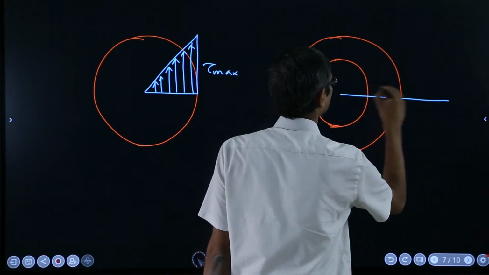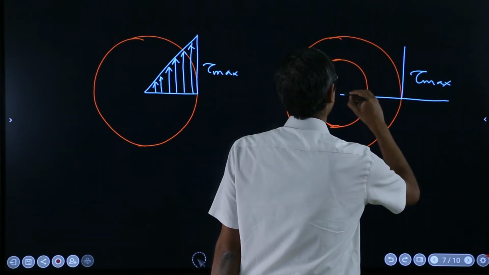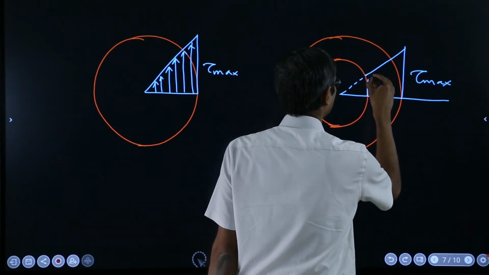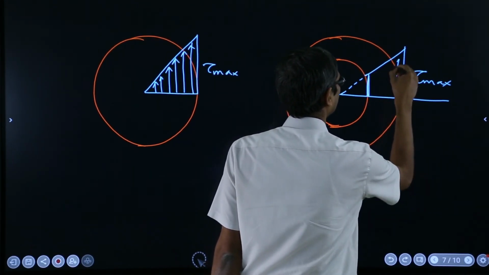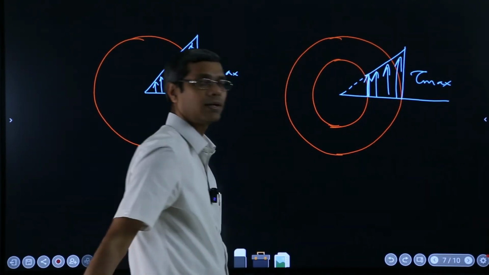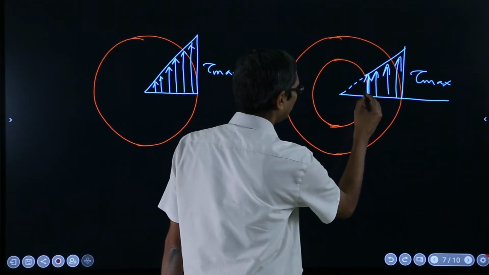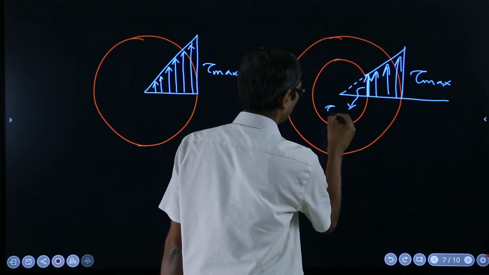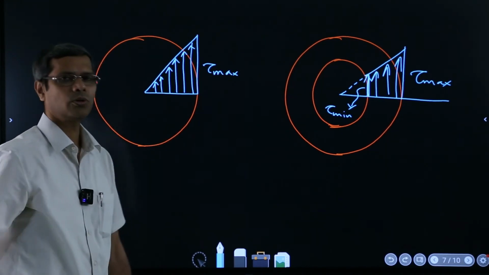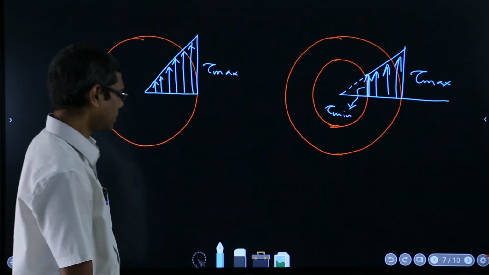So if this is tau max, we can just do like that, and here you have this variation. So this is the portion where the stress field will exist, and it will vary from a minimum value which is not 0 now, tau min, to tau max, whereas for the solid shaft the minimum value was 0, at the center. So that should be kept in mind for solving the problems.